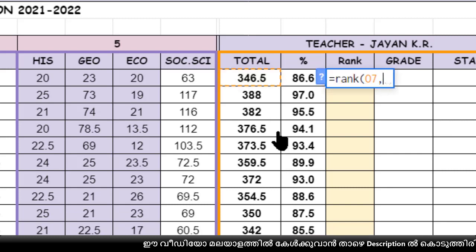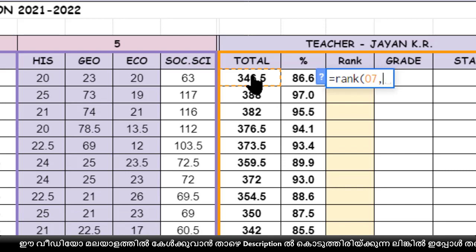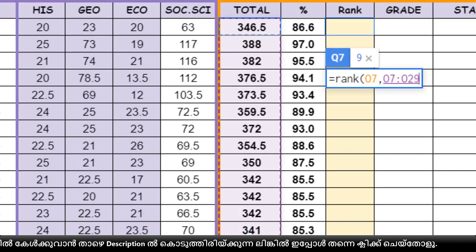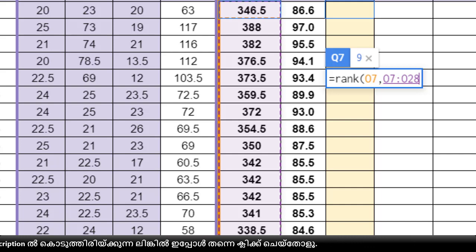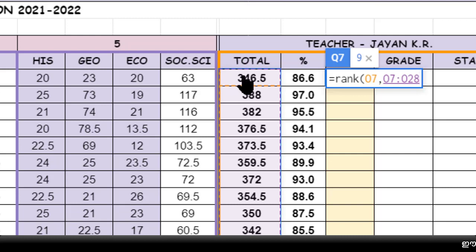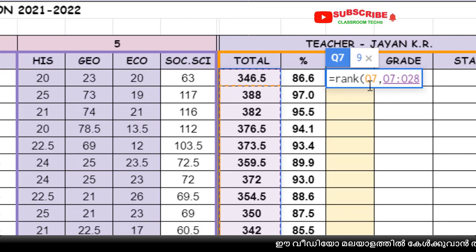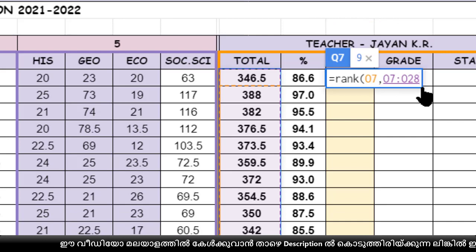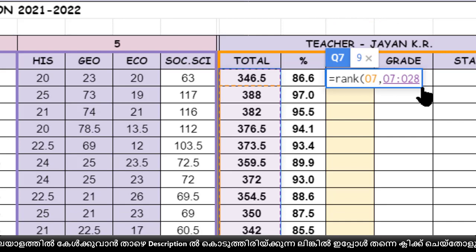Then we have to drag from here to the last, so the first and last cell will come. See, O7 to O28. Among O7 to O28, what is this mark's rank? That is the meaning of this.